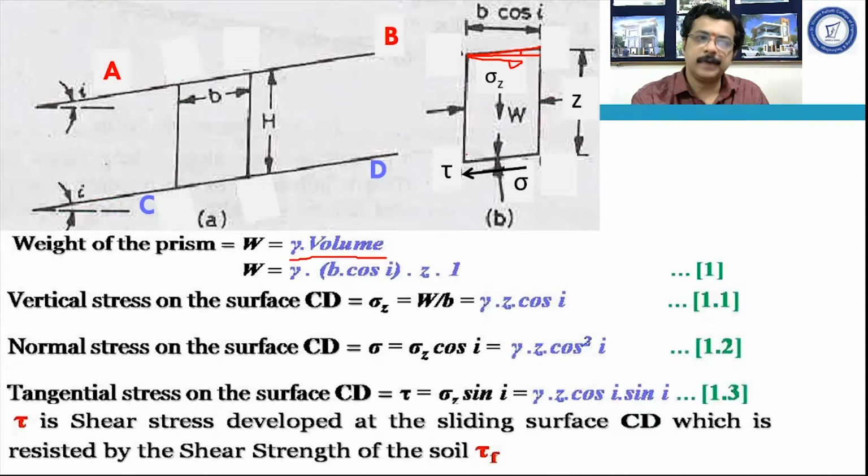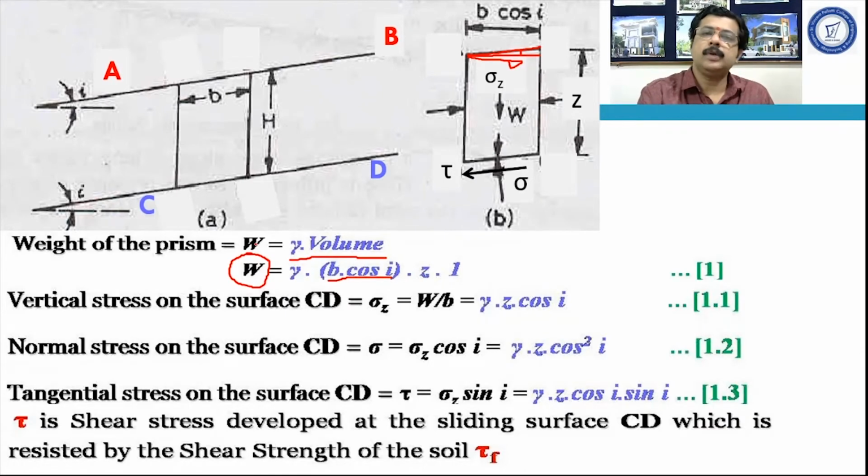So here width is b cos I, depth is Z, and length perpendicular to the screen, that is in y direction, would be 1, that is unit thickness. In this way b cos I multiplied by Z multiplied by 1 would be the volume. So volume into unit weight would be the capital W, that is total weight of this soil element.